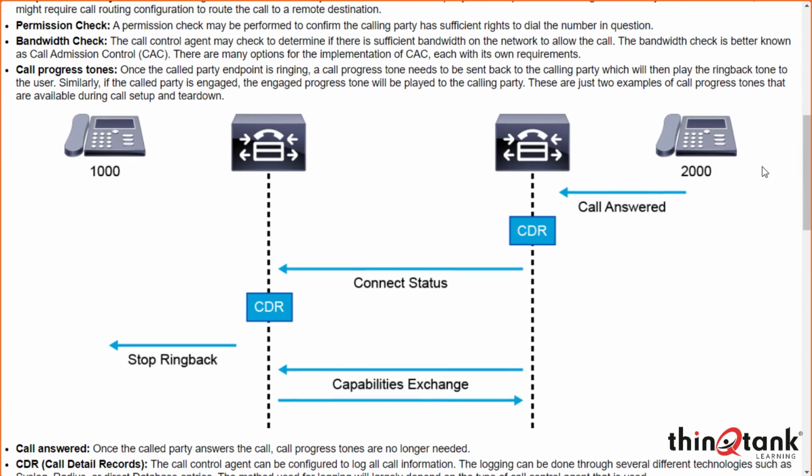Once the call gets answered, now we have to establish how we're going to communicate. You'll notice here that call detailed records get logged. A call detailed record identifies the parties that are participating in the call, the date stamp and the time stamp for that particular call, and so on. Assuming that call detailed records are being recorded, you can turn that feature off on Call Manager if you want to.